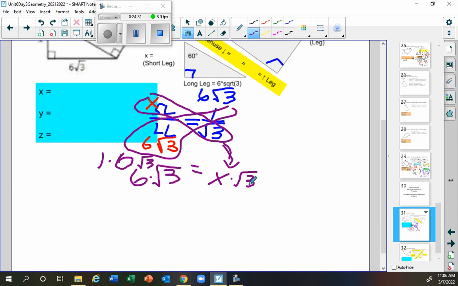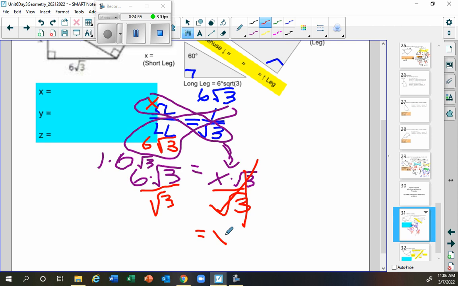We see that both sides are multiplied by square root of 3, right? In this case, this was a time where I could say you could divide by square root of 3. Divide by square root of 3. Because then what happens, the square root of 3's, they cancel.